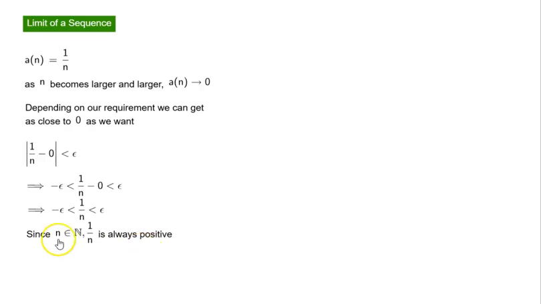Now, another thing is, since n is a natural number, 1 by n is always positive. That means we don't have to bother with negative numbers. So we ignore the left-hand side inequality, and we can just restrict ourselves to the right-hand side inequality. 1 by n is less than epsilon.